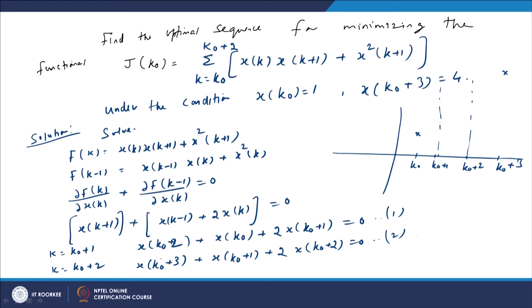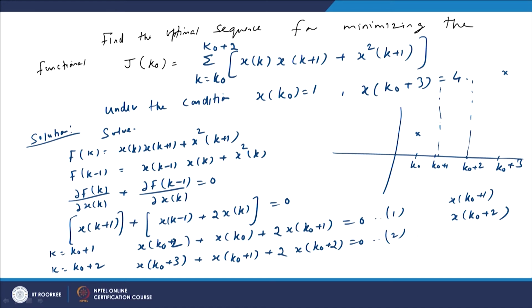So that gives you 4 plus x of k0 plus 1 plus 2 times x of k0 plus 2 equal to 0. So we get two equations with two unknowns. The two unknowns are x of k0 plus 1 and x of k0 plus 2.